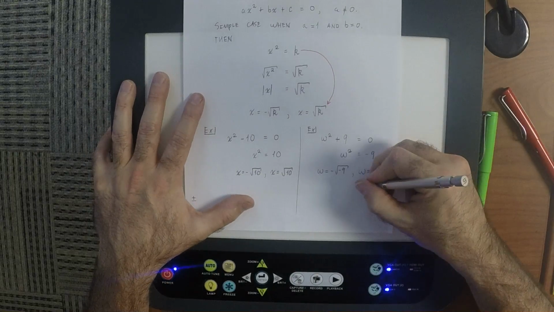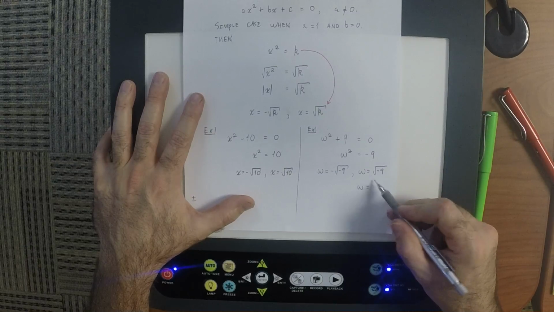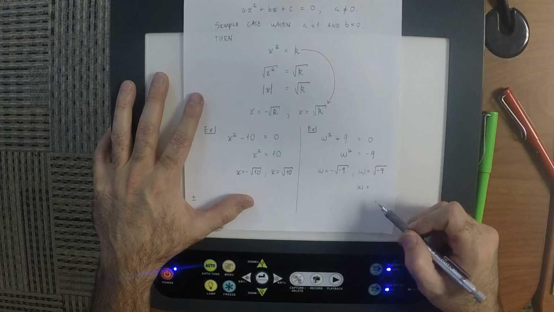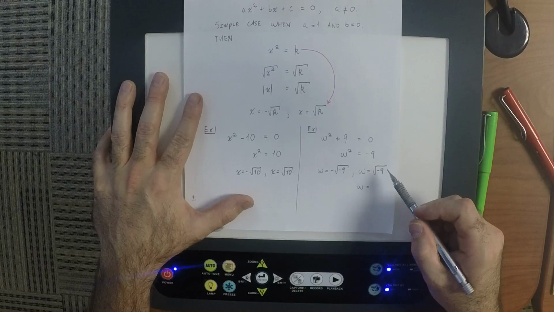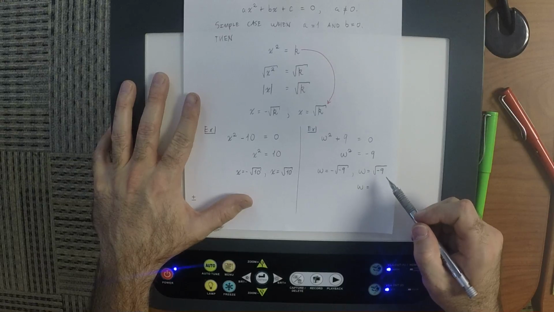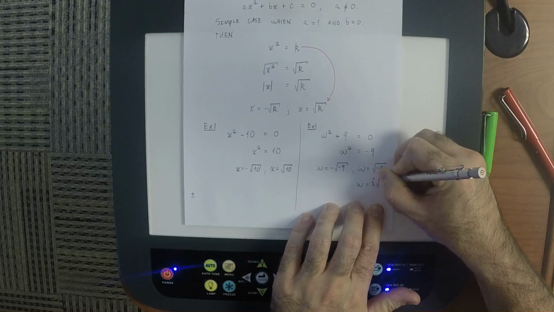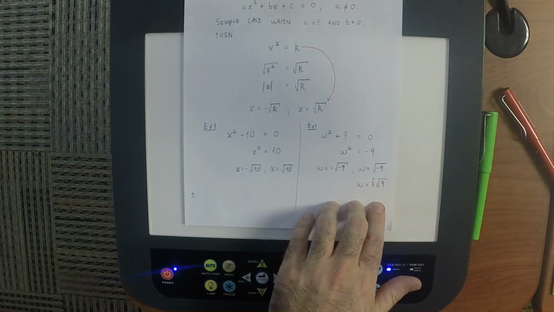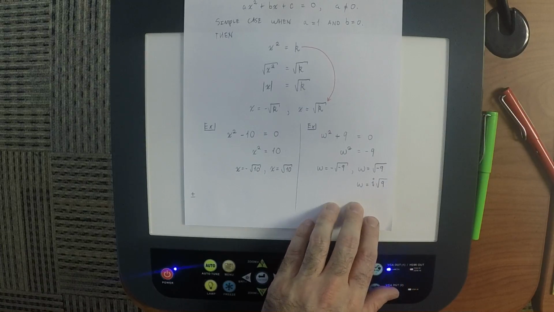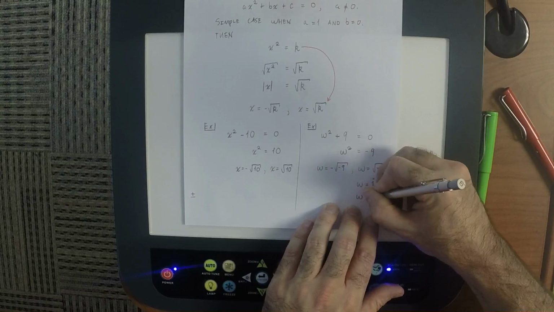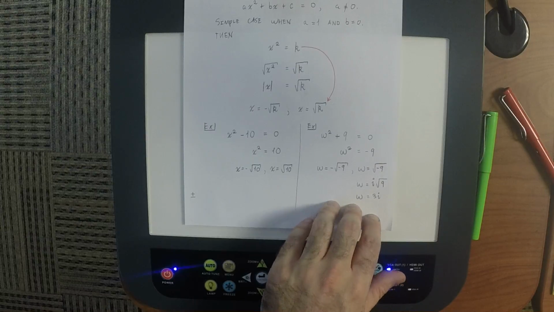How can we simplify this one? In the first place, the negative can come out of the radical. And when it does, it comes out as what? As i, right? Okay, now what's the square root of 9? 3. So this would be 3i. How about the other one?